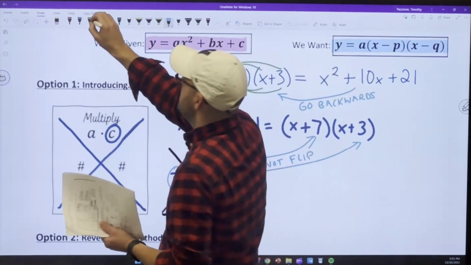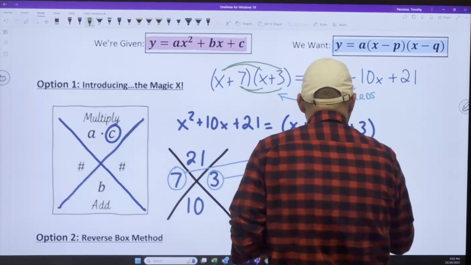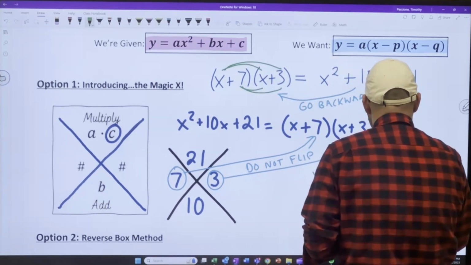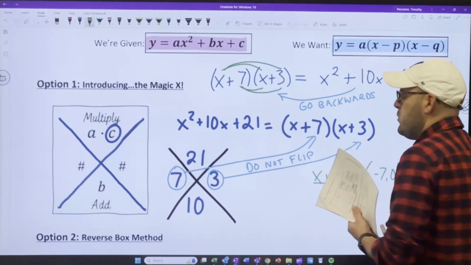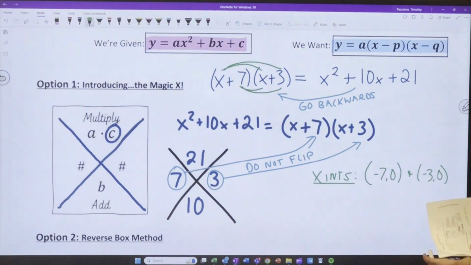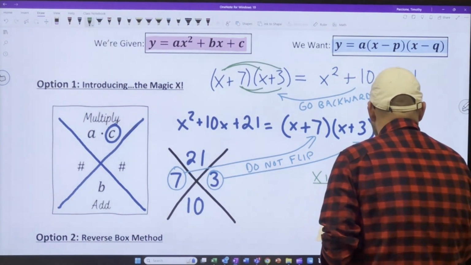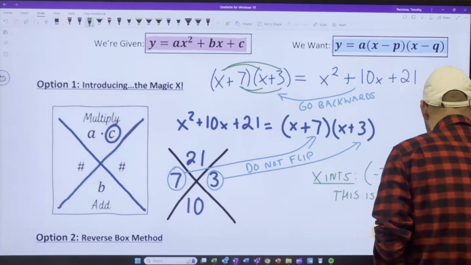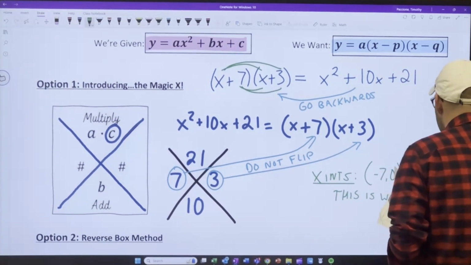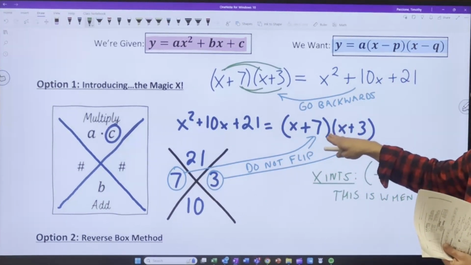For instance, now that you've done this, you could say, hey, my x-intercepts are -7, 0, and -3, 0. That's when you flip, when I'm asking you about the graph. Okay? You do not flip from the X to the equation.